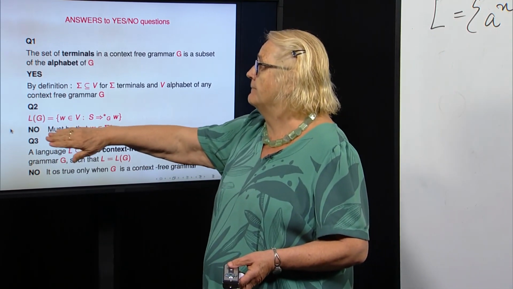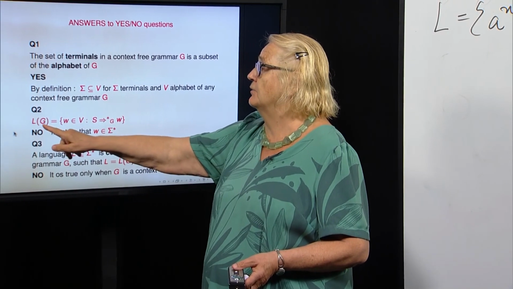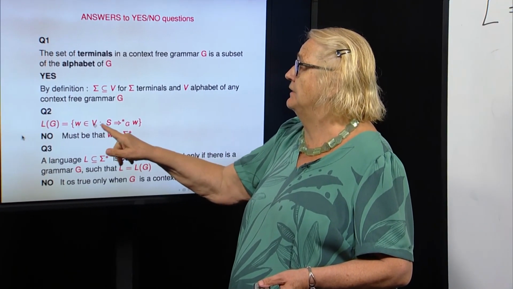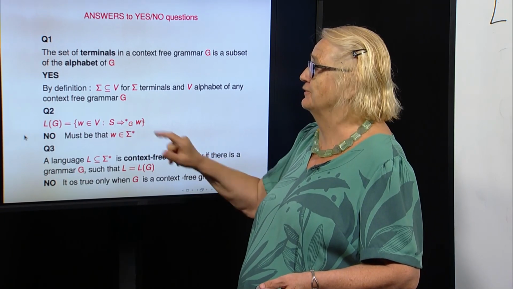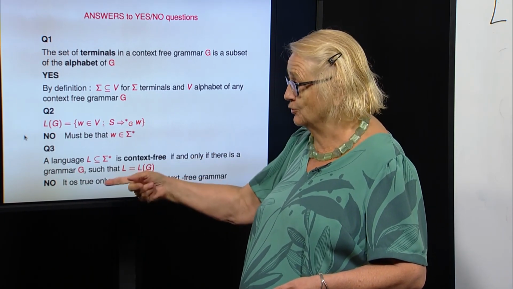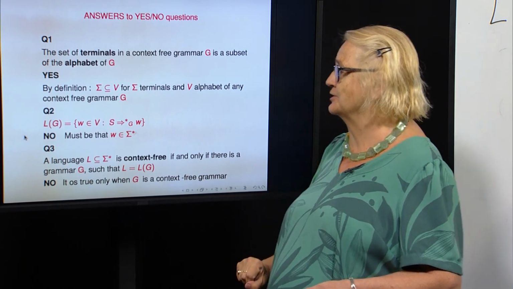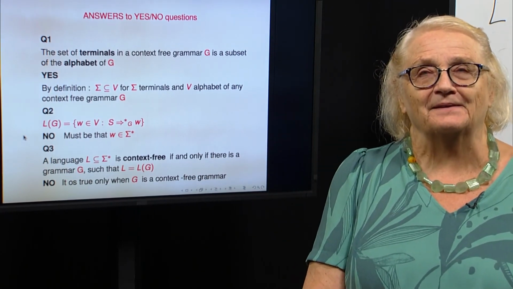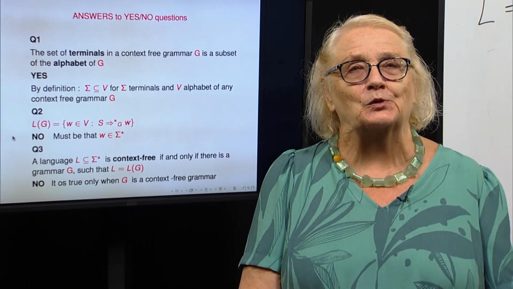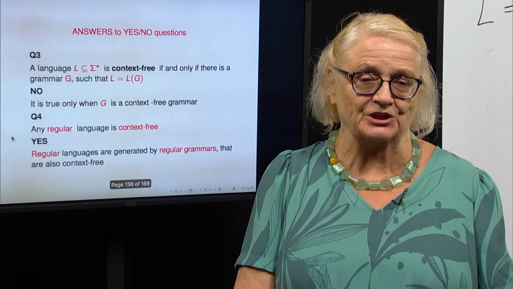For example, you are given the derivation of W in a language. It's not true, because you must have a sigma star. So it teaches you to pay attention to small details and definitions.